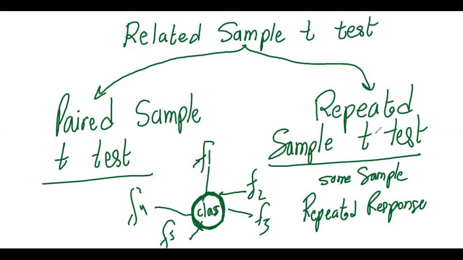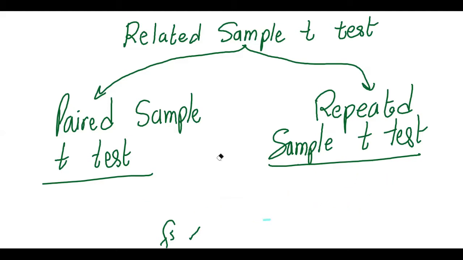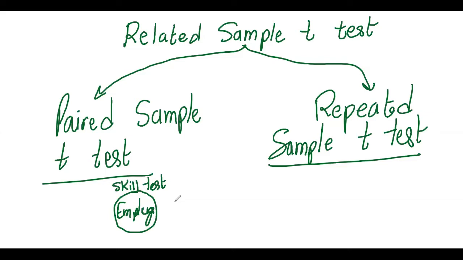Okay, now I'm giving you example number 2. After these examples, the clarity will increase. Now another example. I take some employees, and you take the skill test to see the level of skills in these employees, and after that you provide training to them.